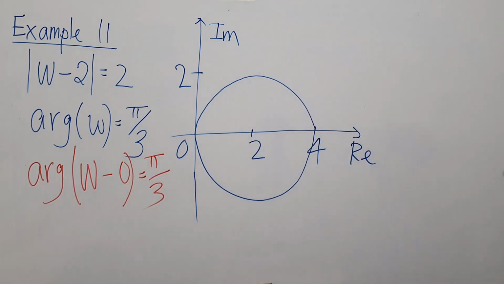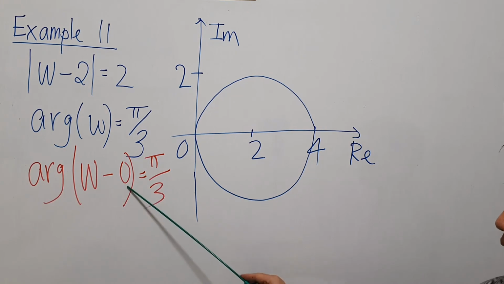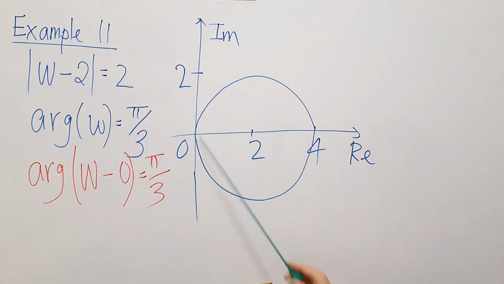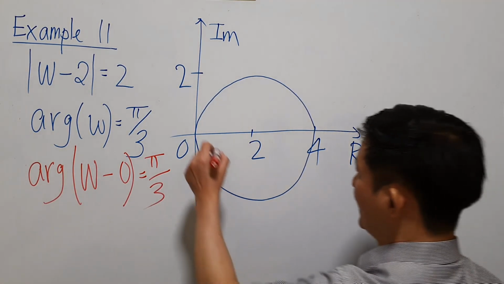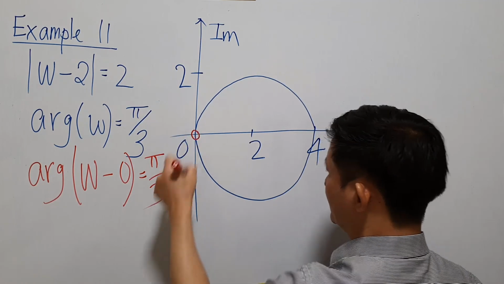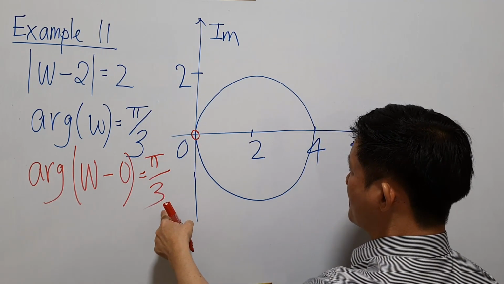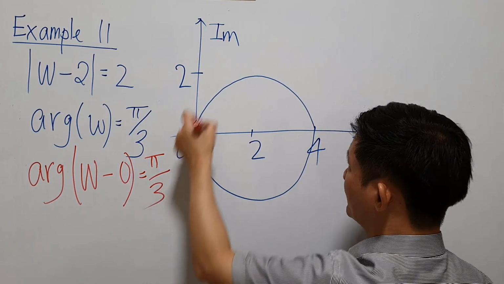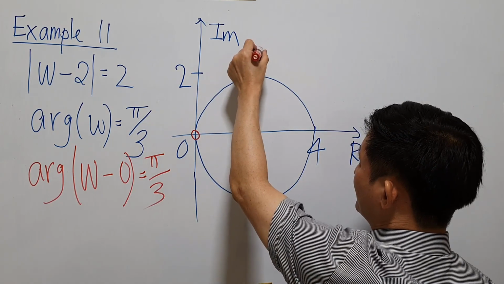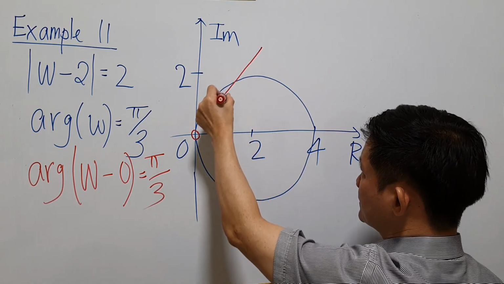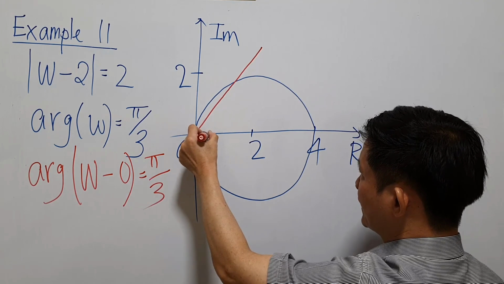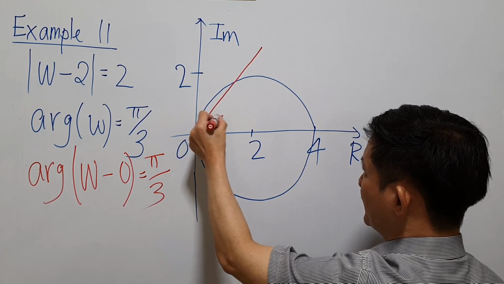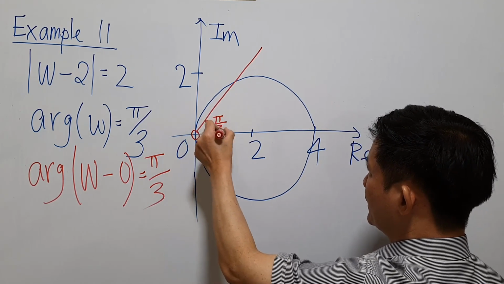By writing in this manner, you can see very clearly that this is a half line starting from the origin 0. Starting from here, we draw a half line, and the angle made with the positive axis is pi over 3. So that half line will look something like this, where this angle is pi over 3.